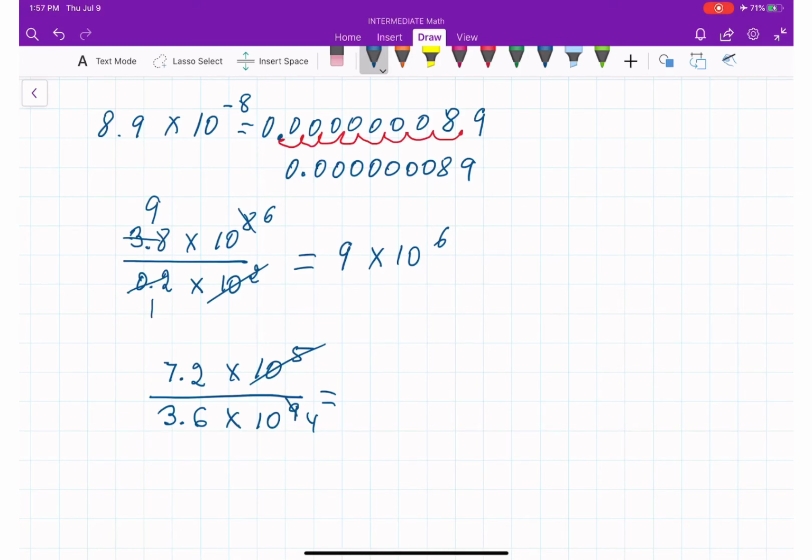So the remainder is going to stay where 9 is. Now 7.2 divided by 3.6. 3.6 is gone. 7.2 will be 2. And it will be 2 over 10 to power 4. Since this format doesn't represent scientific notation, it has to be 2 times. Therefore, I'm going to write it this way, 2 times 10 to power negative 4. Make sense? Okay. Now let me do multiplication.